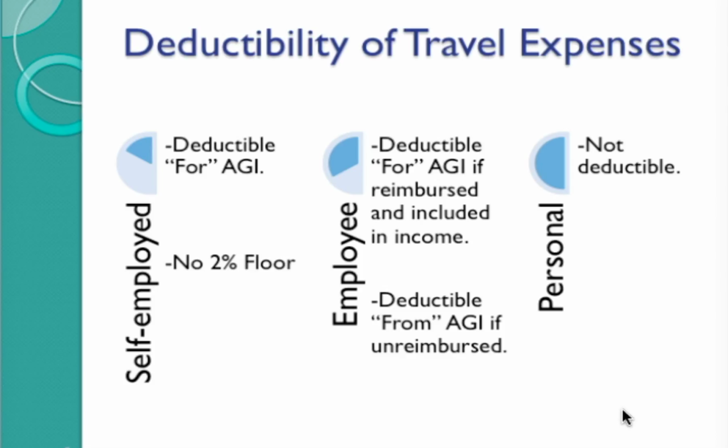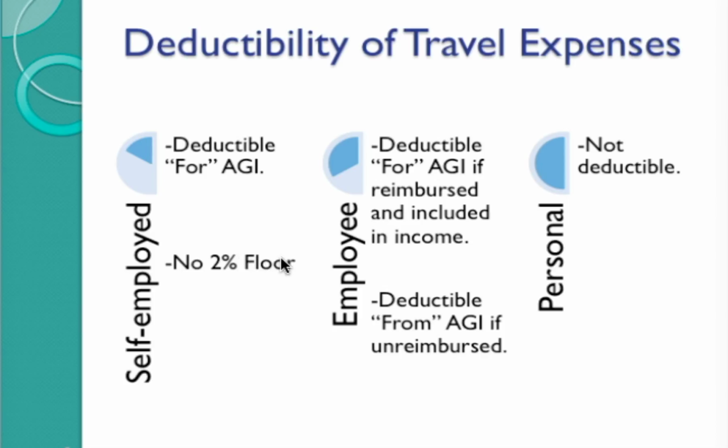Based on how you're classified, there are different rules associated with the deductibility of travel expenses. As a self-employed individual, which would also include you working as an independent contractor, these types of expenses are deductible for AGI, so they're above the line deductions, and there's no 2% floor. These are treated as business expenses, and that goes to the profit or loss of your business.